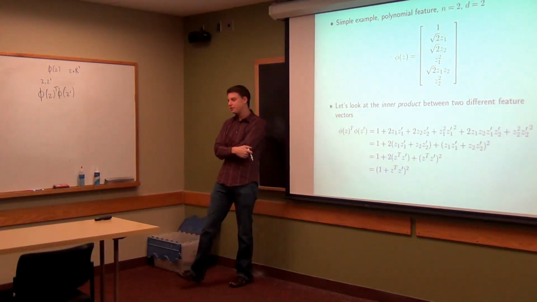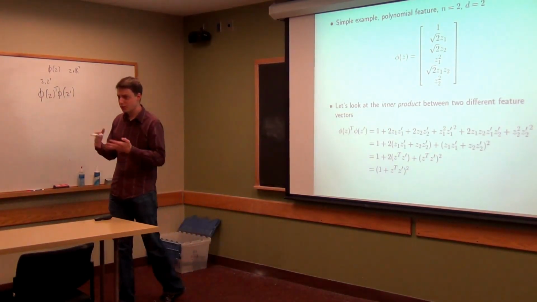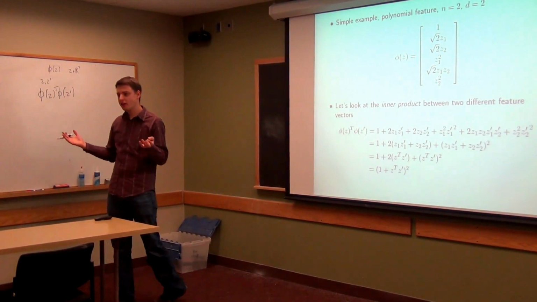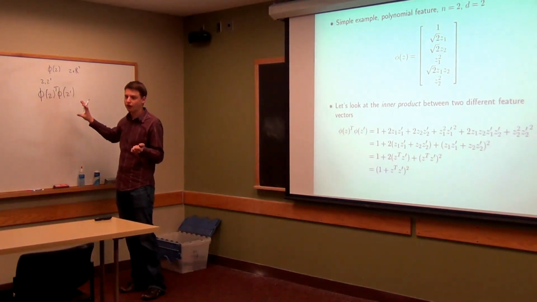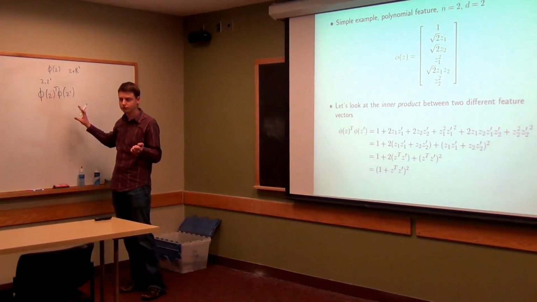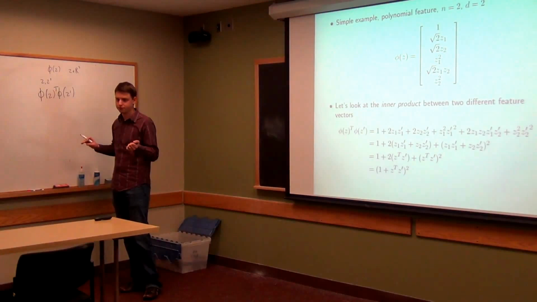It's a little bit of a digression, but I'm not talking about really computing high-dimensional features. I'm just saying, if we have some feature vector here, let's talk about computing its inner product with another feature vector.